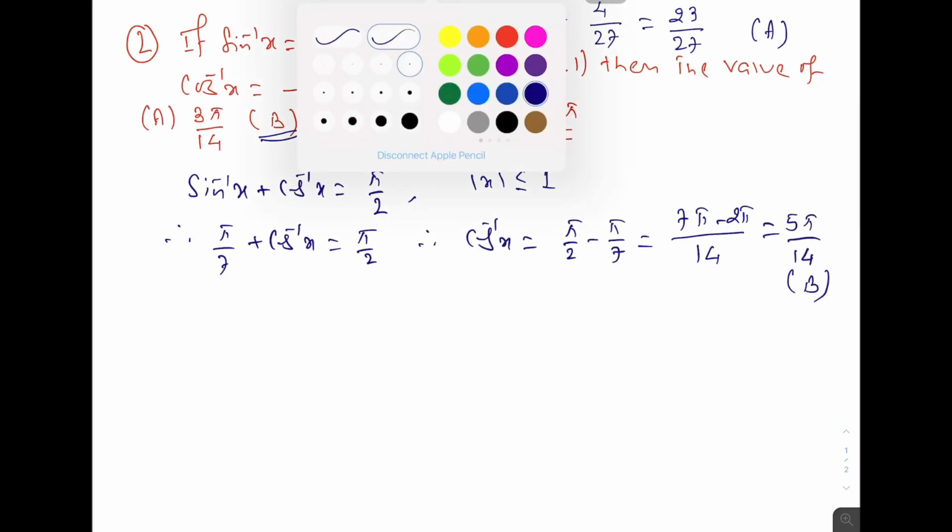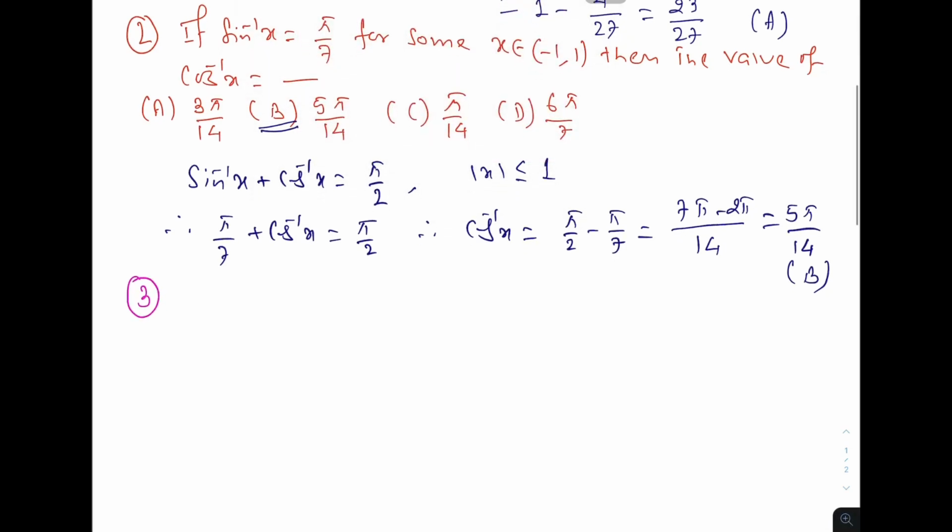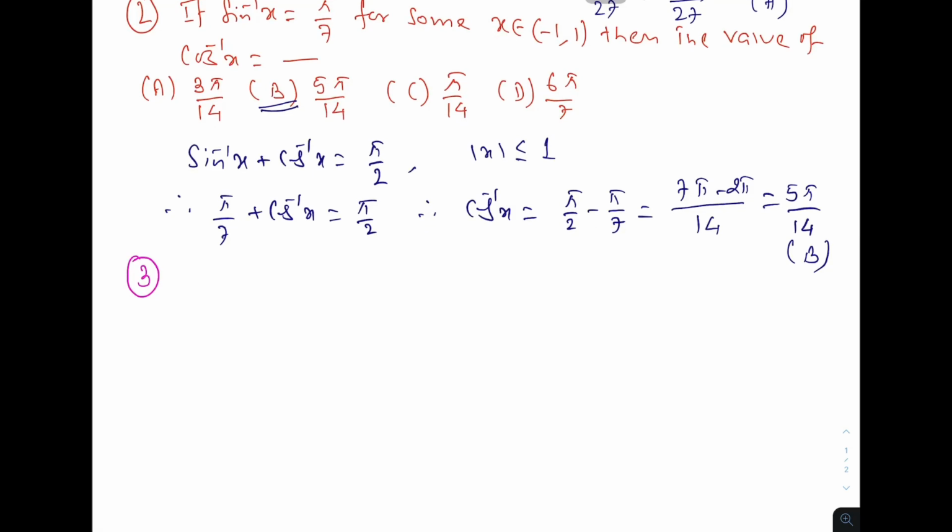Okay, take one more. Sec square tan inverse 2 plus cosec square cot inverse 3 is blank.